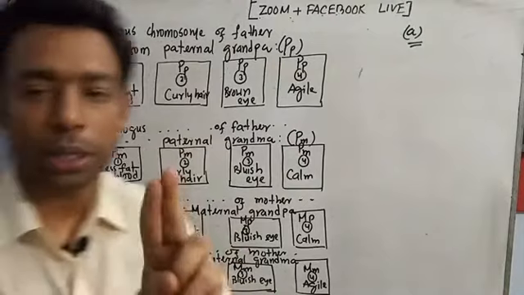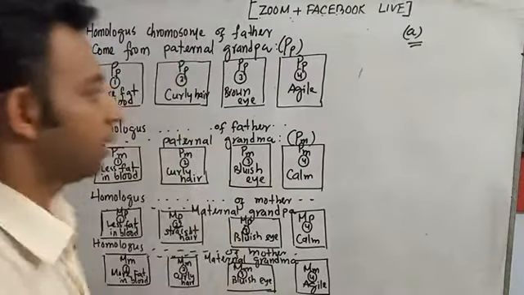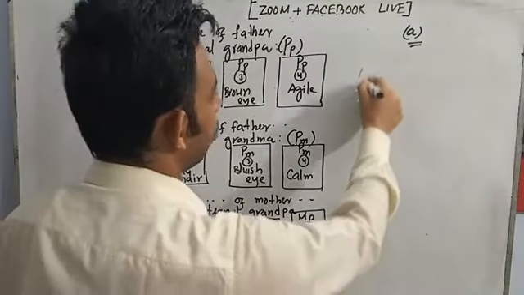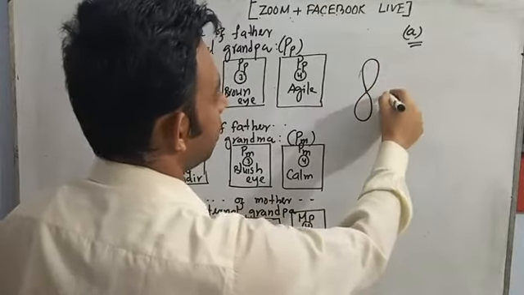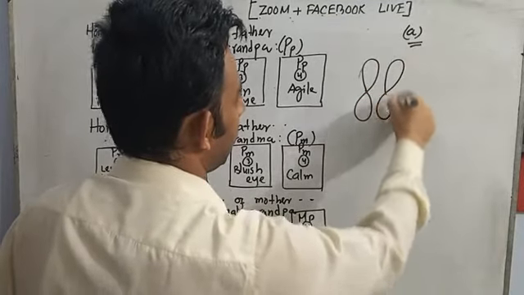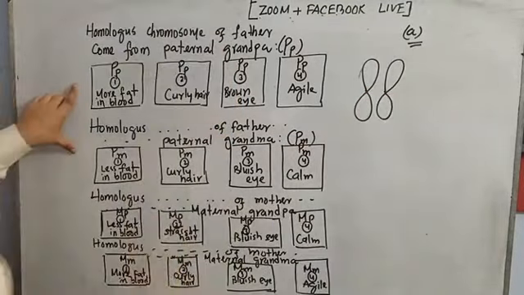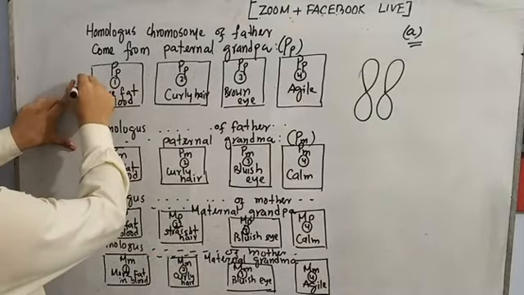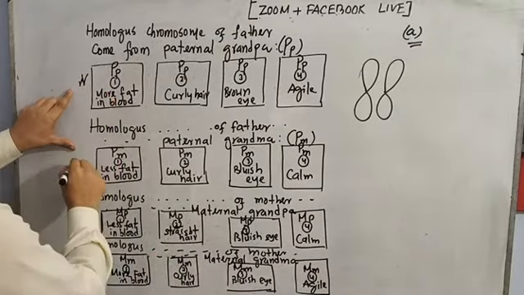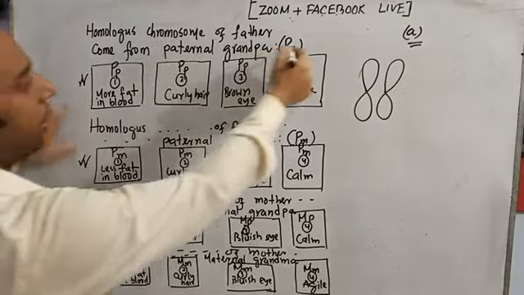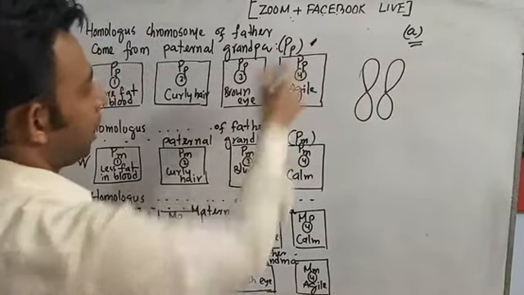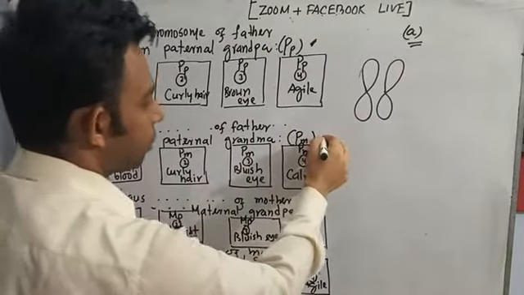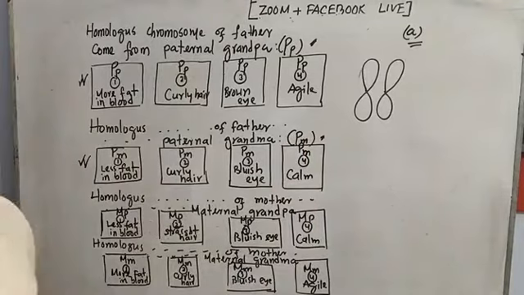I just tell you there are two things. One is the father. Suppose this chromosome is from the father. The father also got it from somewhere: paternal grandpa and paternal grandma.